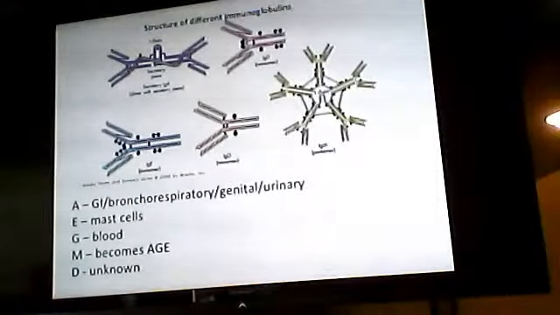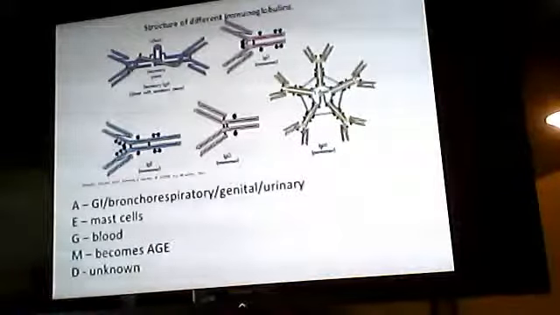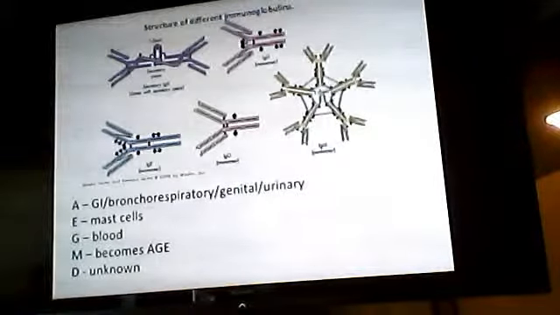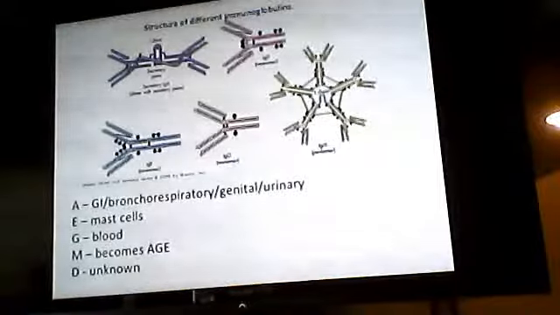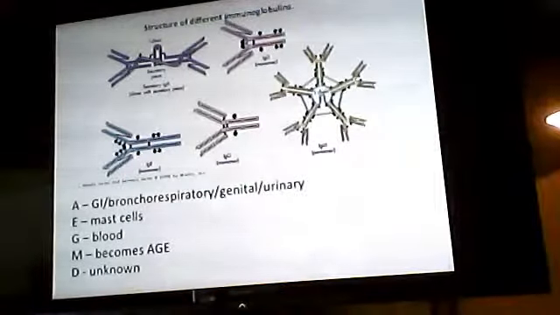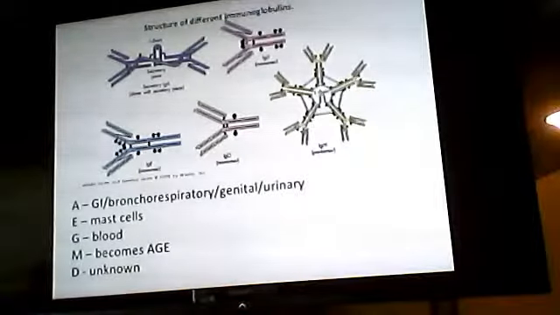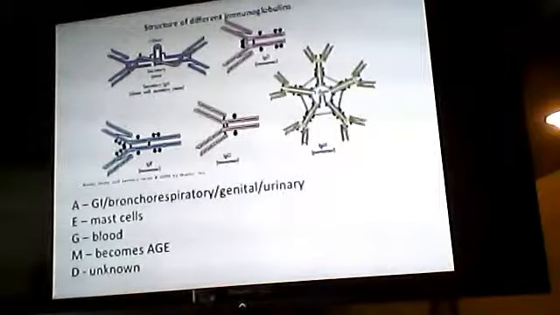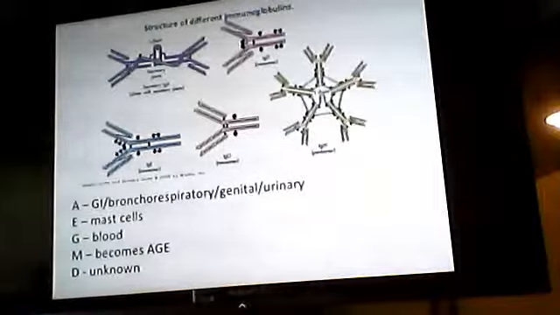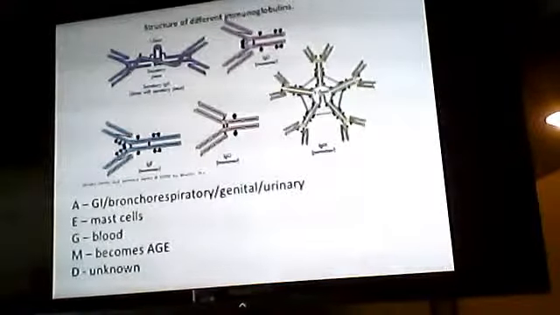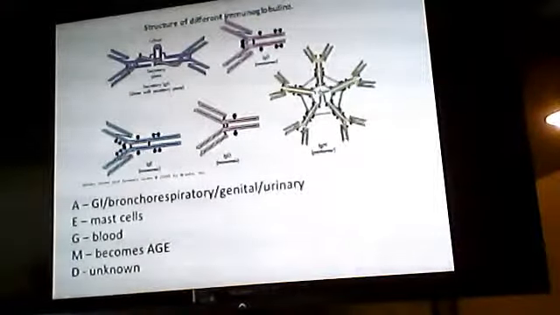All right, so there are different kinds of immunoglobulins, these antibodies, okay? So we can have IgA, and that's secreted. They deal with more epithelial or secretory cells, so you find them around the GI, bronchial, respiratory, lung area, genital, and urinary areas.